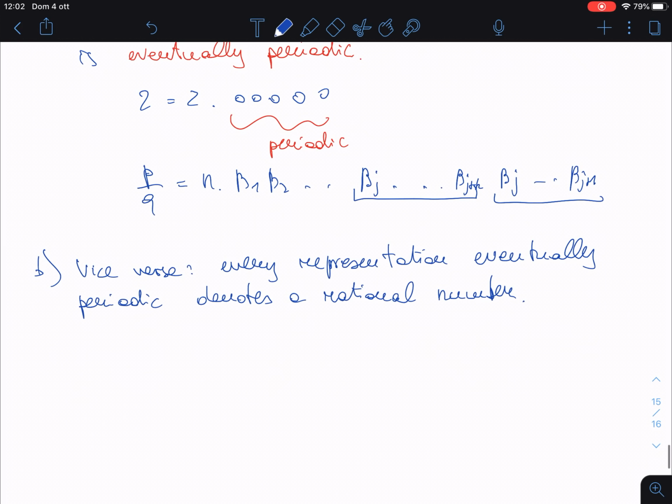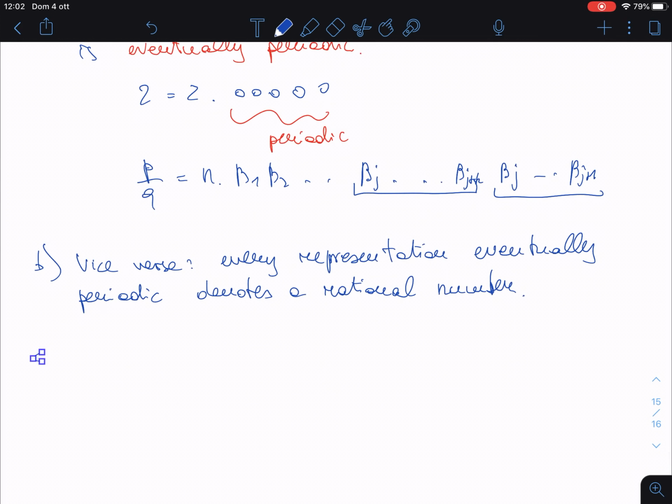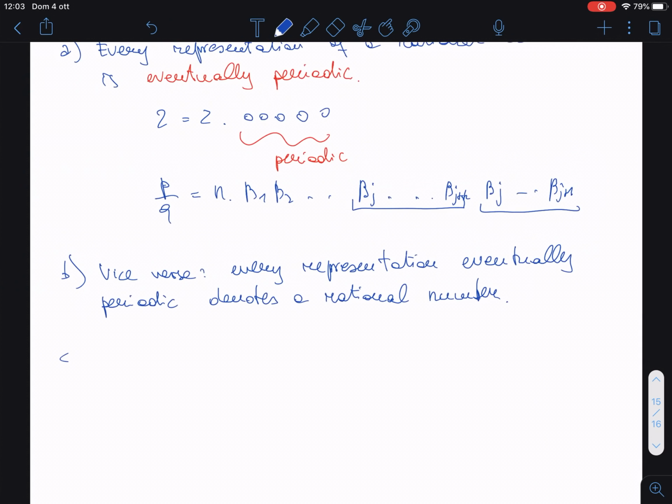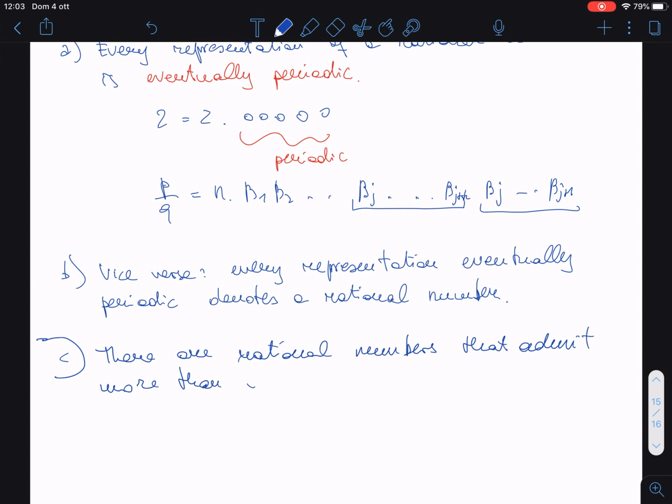And the last one is the most delicate. It is not true that the representation denotes uniquely the rational number. So there are rational numbers that admit more than one representation.